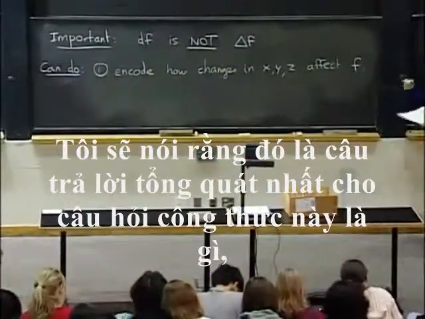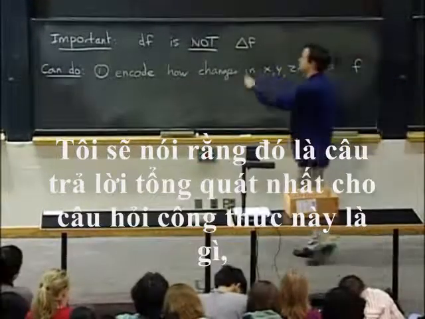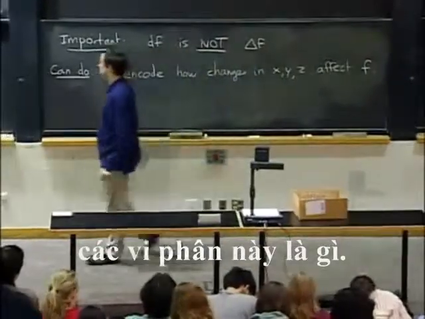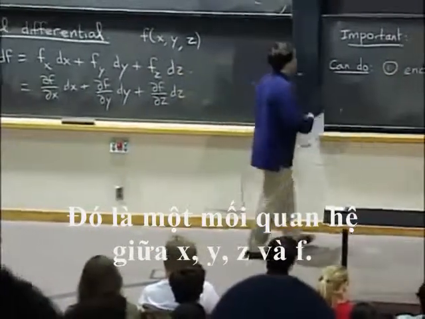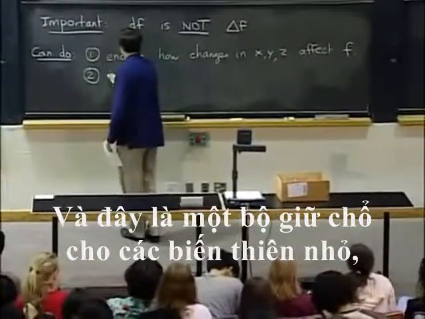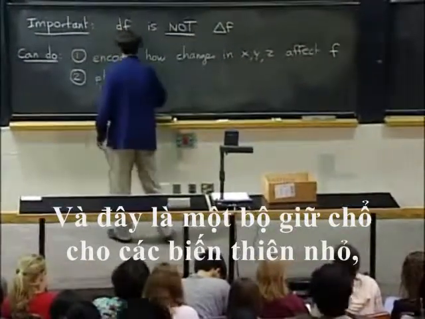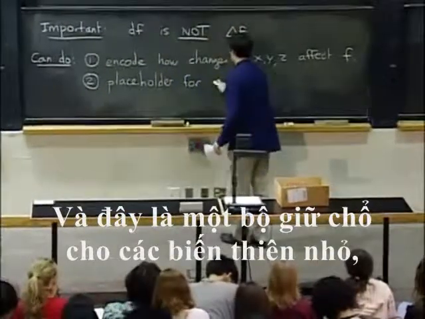I would say that's the most general answer to what this formula is, what these differentials are. It's a relation between x, y, z, and f. And in particular, this is a placeholder for small variations.